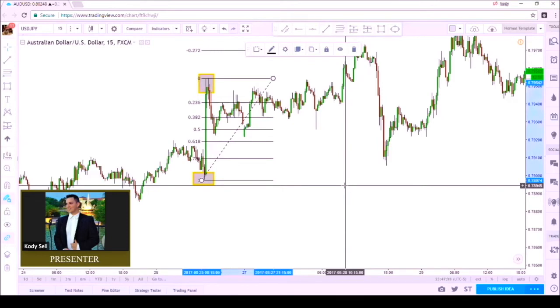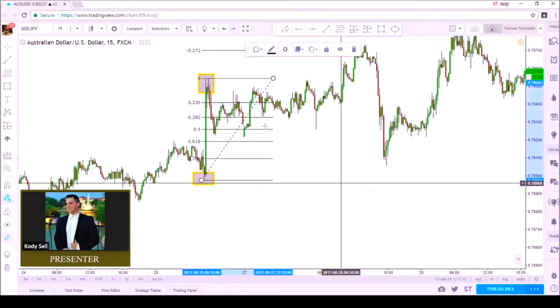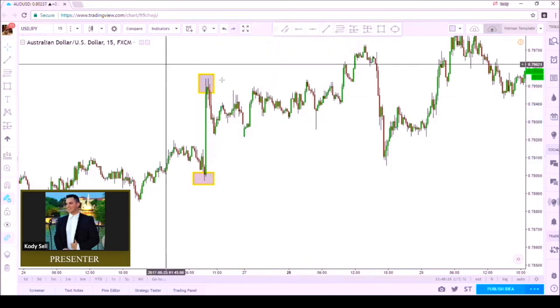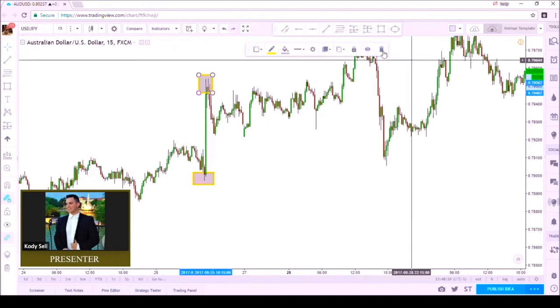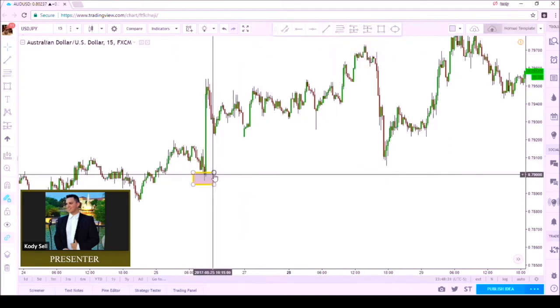Because if you draw your Fibonacci incorrectly, then you're going to have the wrong levels marked on your chart, the wrong extensions, the wrong retracements. Everything is just going to be off, and it's going to make trading extremely difficult. So the key with Fibonacci is using confluences to find the correct levels. I'm going to go ahead and delete this off here now and discuss how we're going to do this.